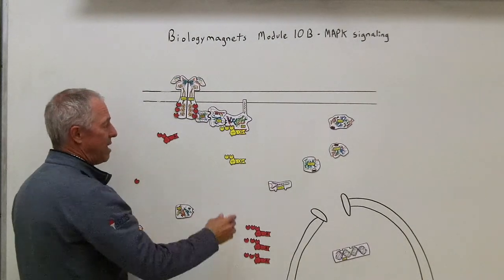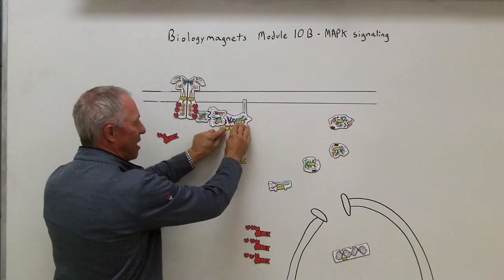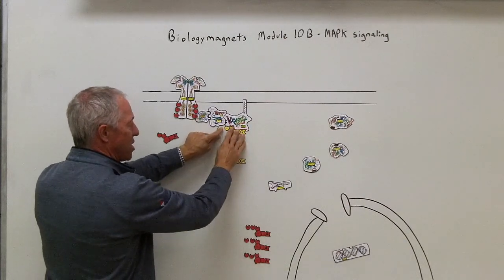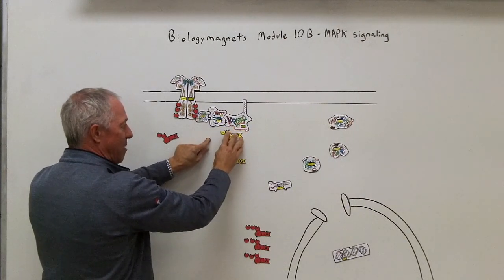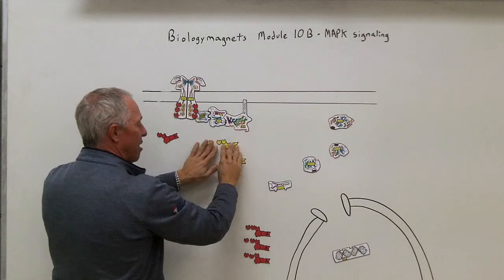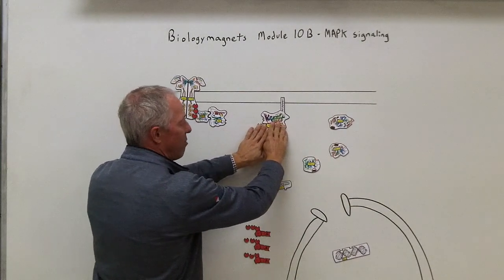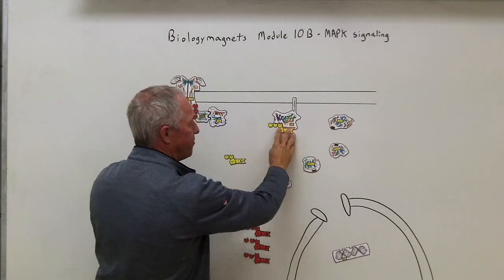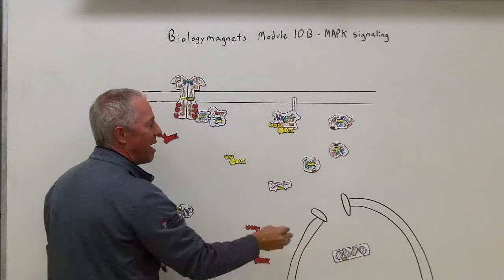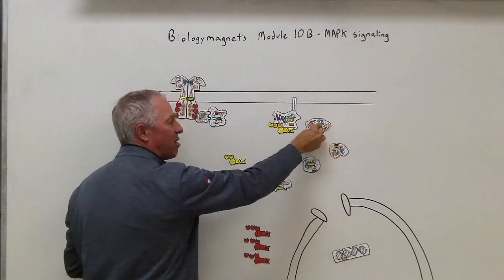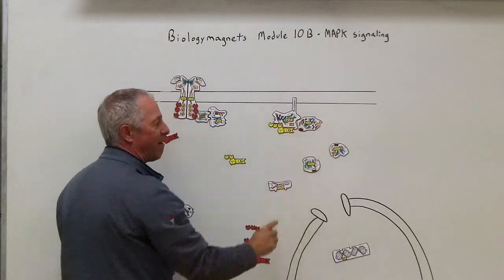Now, the RAS protein, after it loses the GDP and is replaced with the GTP, will come loose and move along the membrane and associate with another molecule in the cell called BRAF.